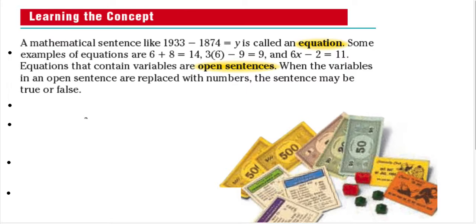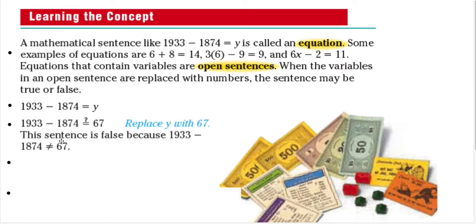Moving forward, with that in mind, we have 1933 minus 1874 equals y. And then we replace the value for y, which is 67.